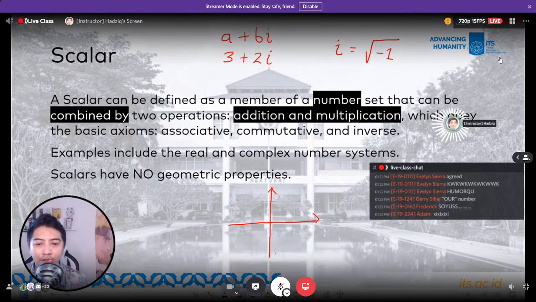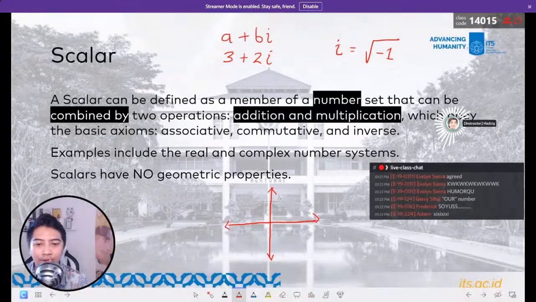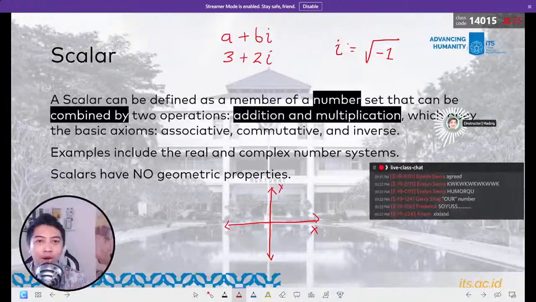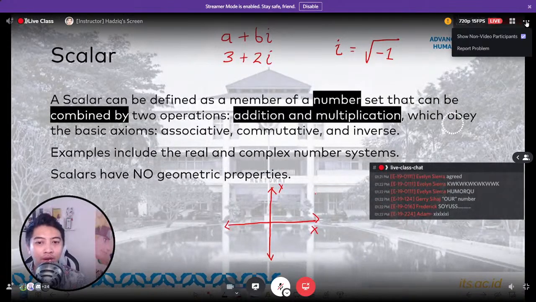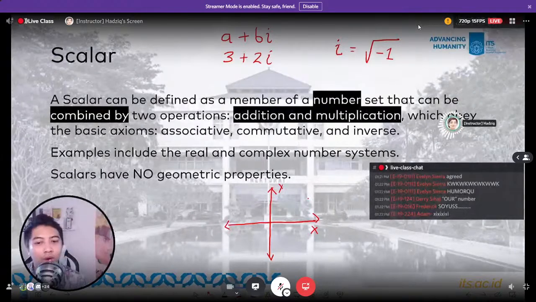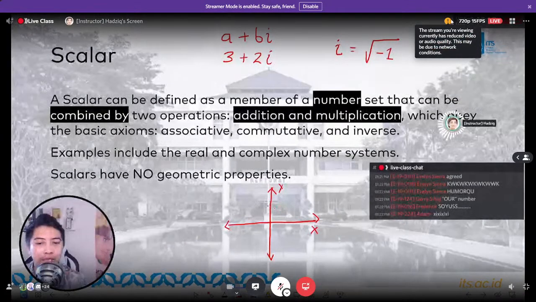So suppose that you have this Cartesian plane, with a y-axis and x-axis, for example. In linear algebra, we represent i as a 1/4 rotation in this Cartesian plane.